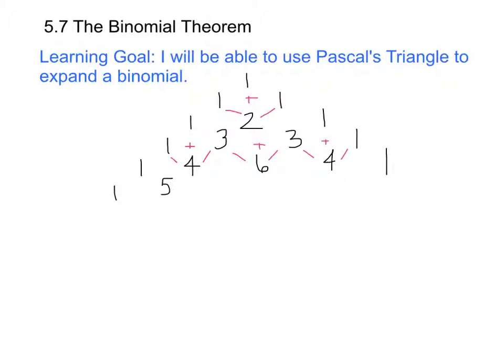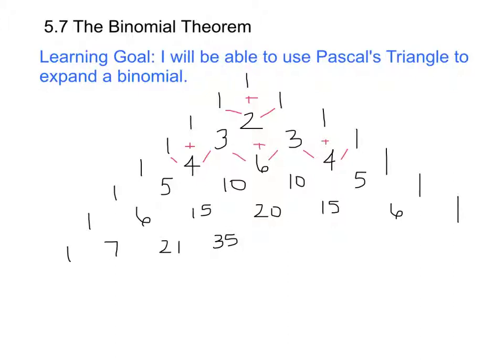1, 5, 10, 10, 5, 1. And then 1, 6, 15, 20, 15, 6, 1. And then 1, 7, 21, 35, 35, 21, 7, 1.